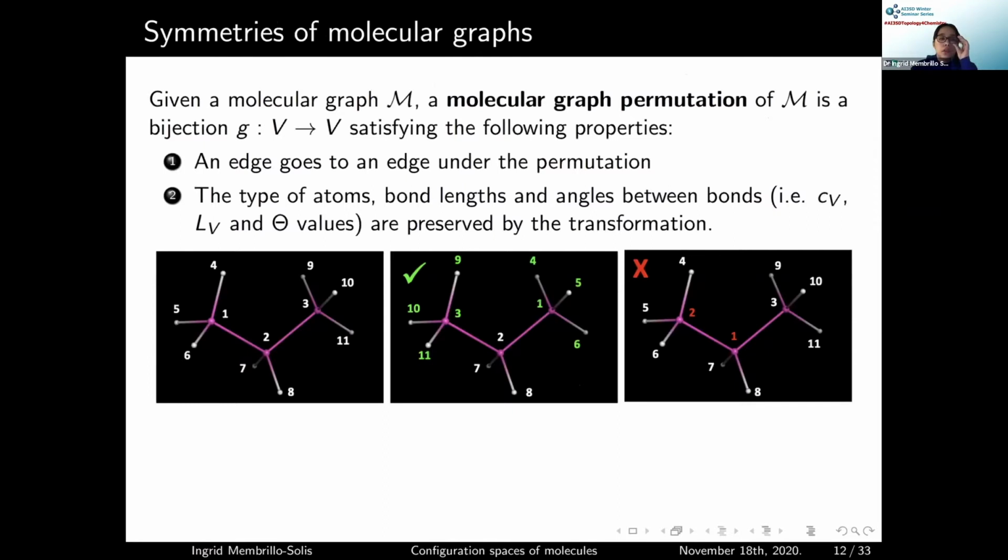Okay, so given now a molecular graph, we know that there are several symmetries associated to them. In chemistry, it's also important to consider the symmetries associated to the molecule, for reasons related to the quantum mechanics description.